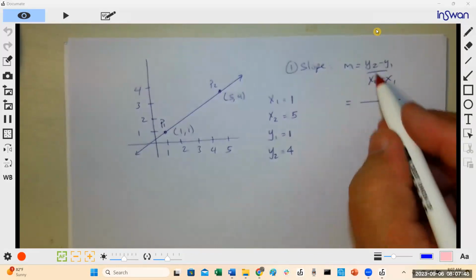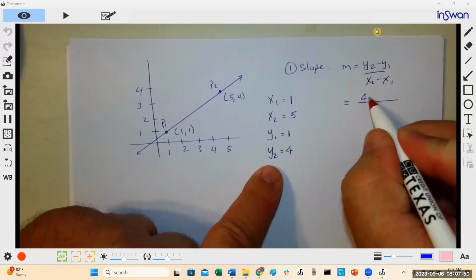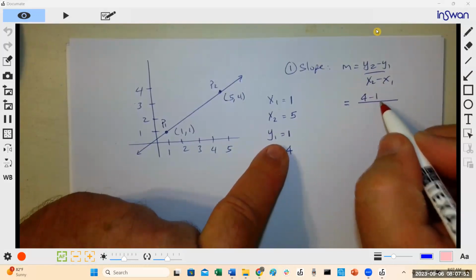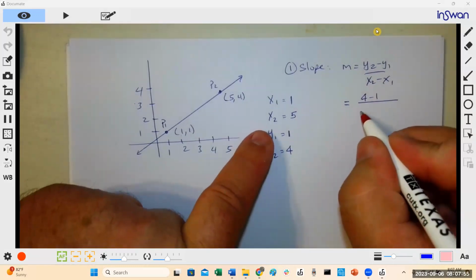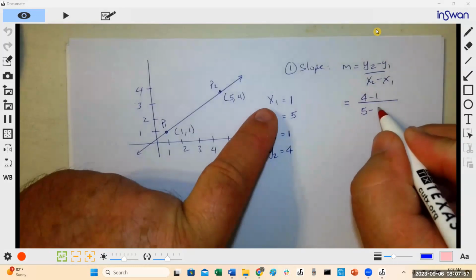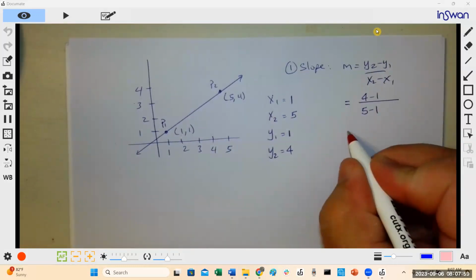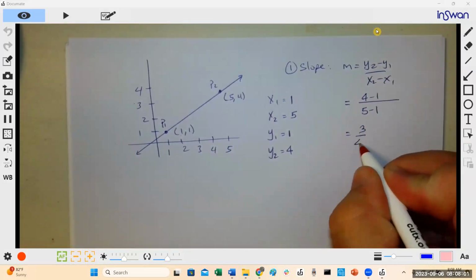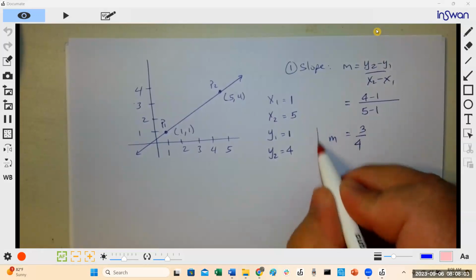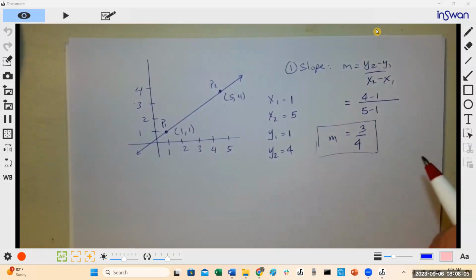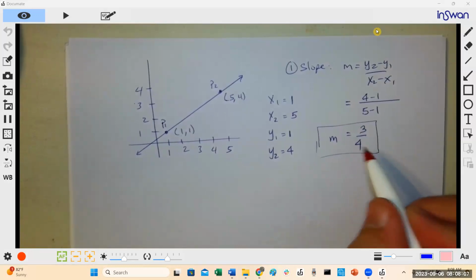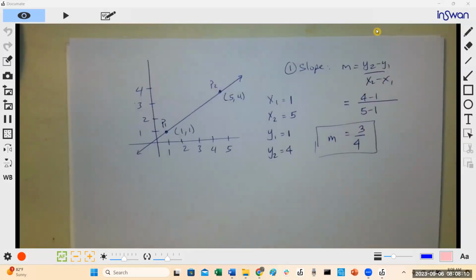Plug those in there. y2 is 4 minus y1, which is 1. x2 is 5 minus x1, which is 1. So we get 3 over 4. That's our slope. Now, what does this mean? It has to mean something. It means slope. Slope we define as rise over run.